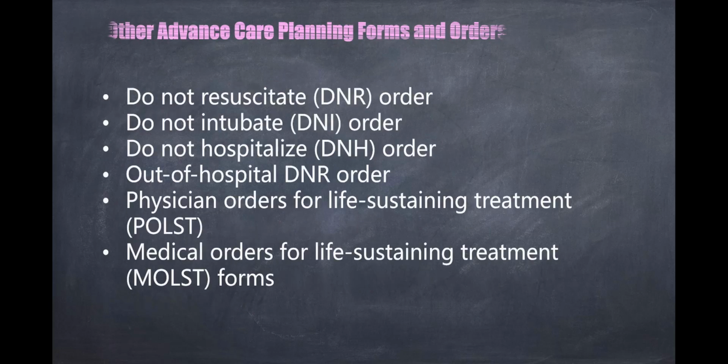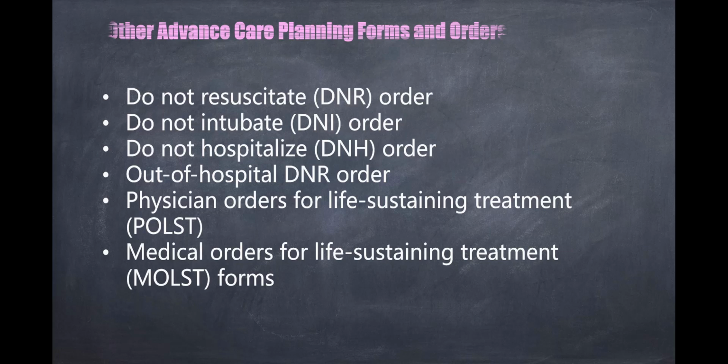Other advance care planning forms and orders that you will encounter. One is DNR, do not resuscitate, meaning the patient doesn't want to receive CPR. But it doesn't mean that they cannot be intubated or hospitalized. They just don't want to receive CPR for whatever reason.